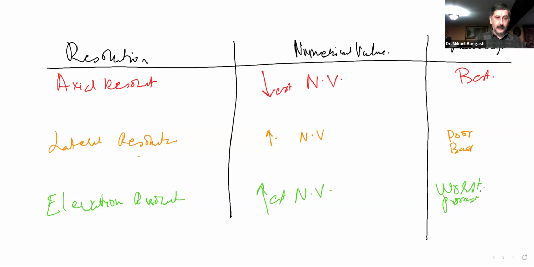So what does that mean? That will mainly mean that a lower numerical value of each of these resolutions gives you a better accuracy, whereas on the other hand, the greater the numerical value, the poorer or worse the accuracy is going to be.